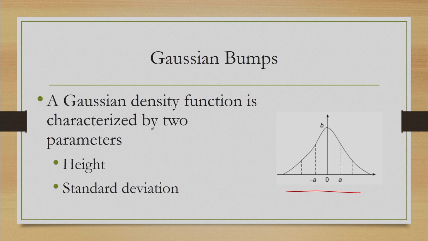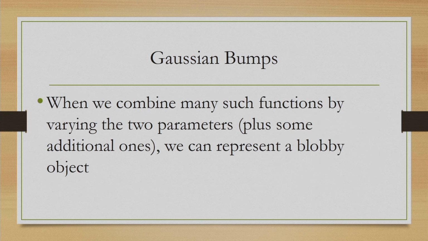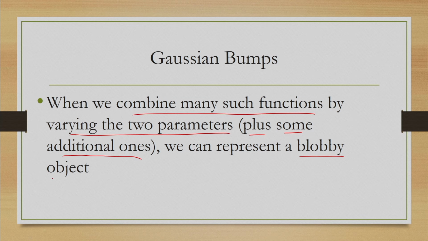It is characterized by two parameters, height and standard deviation, as shown in the figure. Now, when we combine many such functions by varying the two parameters plus some other parameters, we get a blobby object, or we can represent a blobby object.